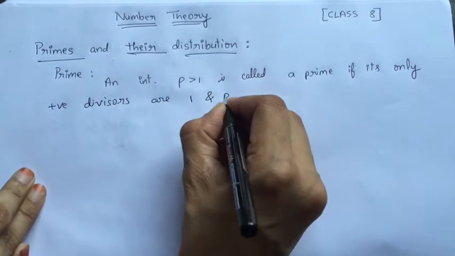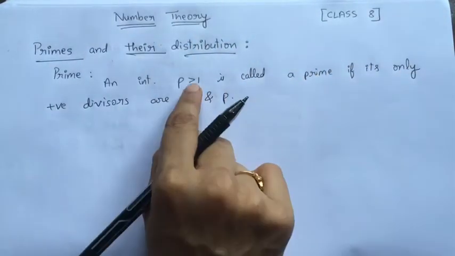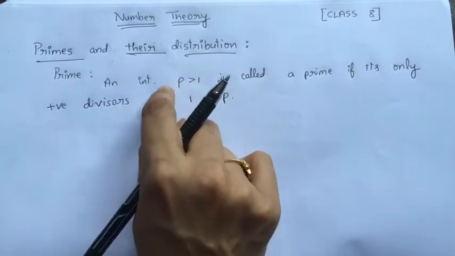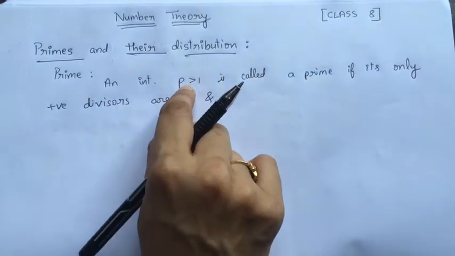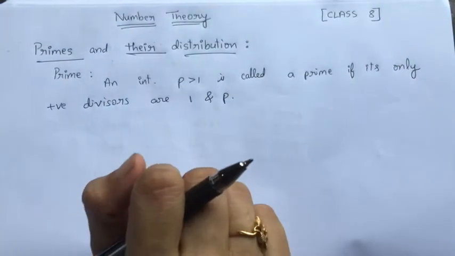Any integer greater than 1 can be called a prime if it has only itself and 1 as divisors.